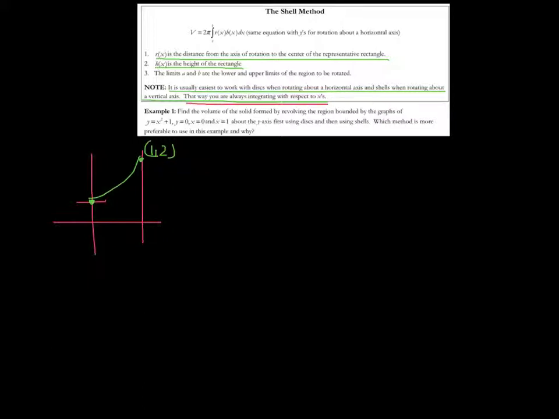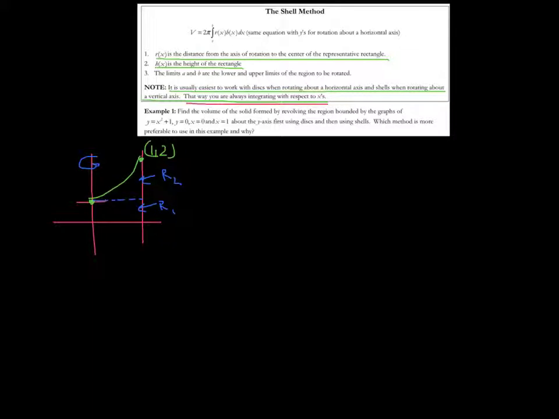Okay, now we run into a problem. Notice that this is one of those problems that if we're going to rotate it around this axis, then we're going to have to create 2 different regions. We'll call this region 1, and we'll call this region 2. And you're saying, Mr. Parr, why do you got to create 2 different regions? Well, let's think about it.